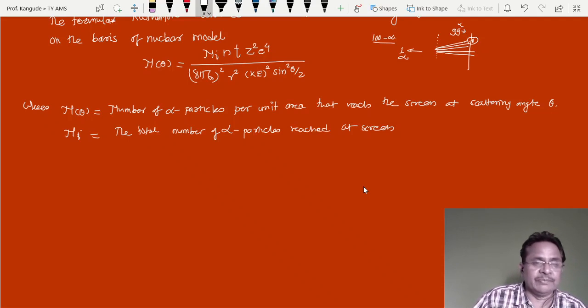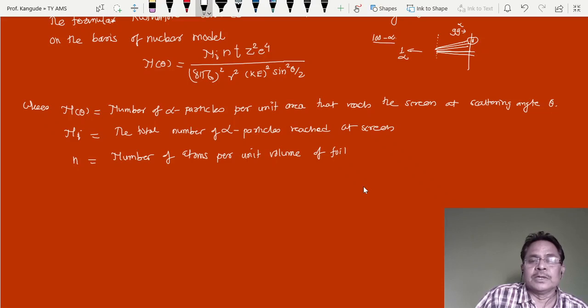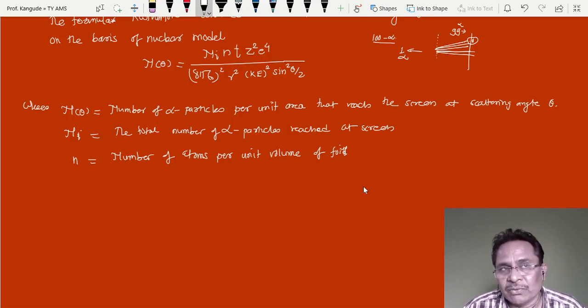Okay, that is Ni. Then small n is the number of atoms per unit volume of the foil. So this is the actual number density of atoms of the gold thin foil.